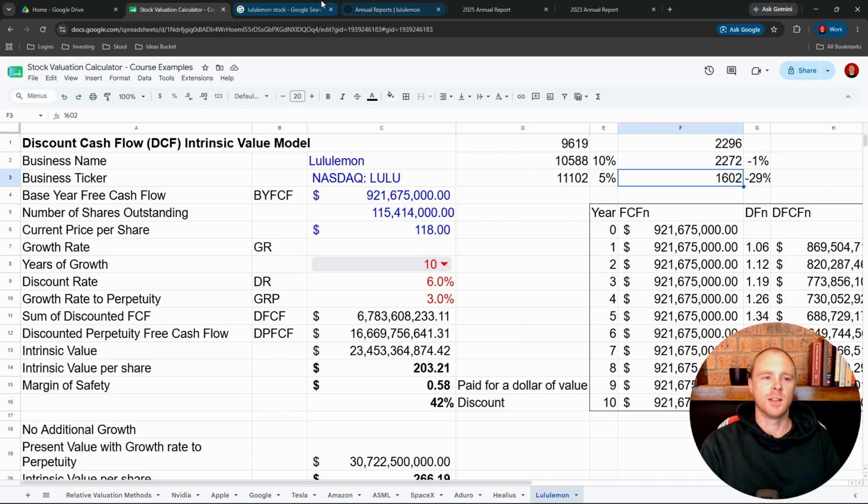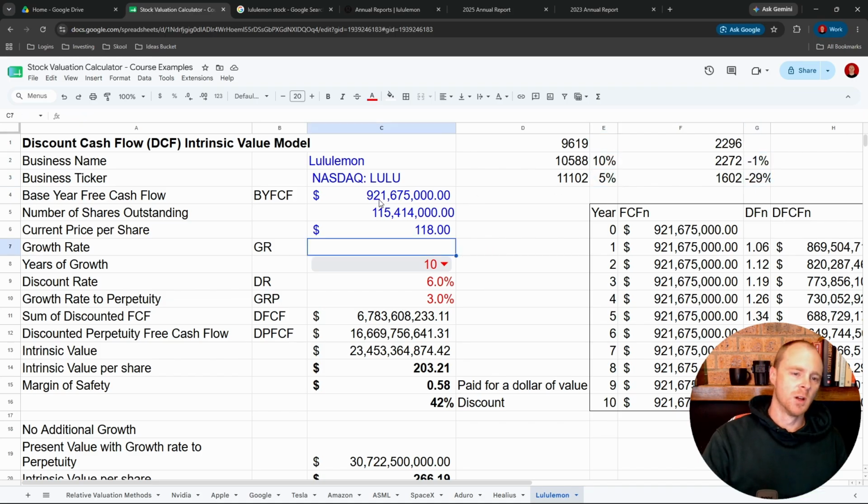Sorry, the net cash from operations here, we can see it's decreased by 30%. And we've got here, it's not really a good trend for the most recent year. So what I'm going to put in for the growth rate.